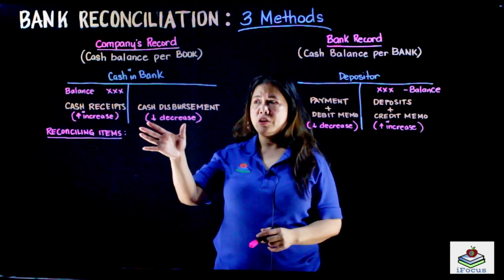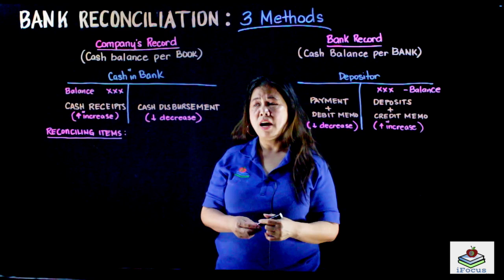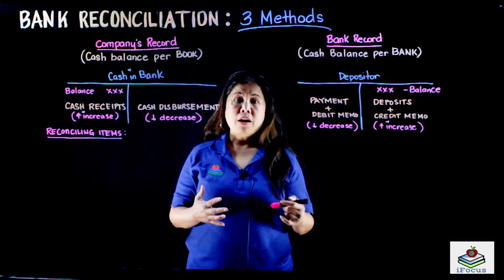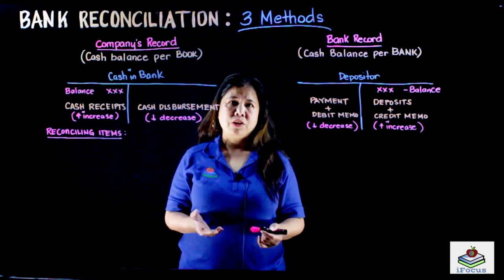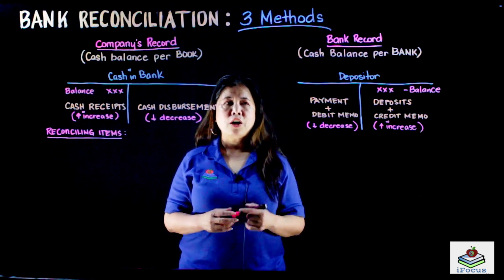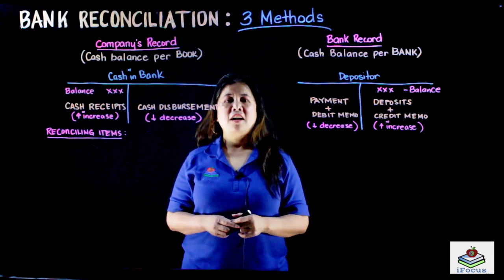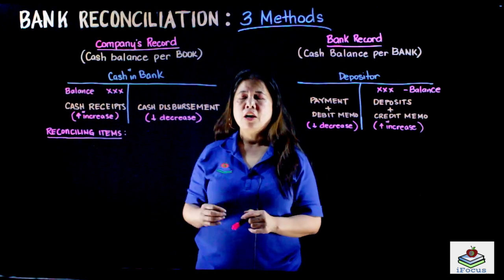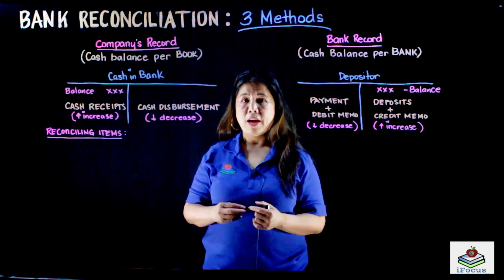Sa company's record, minimaintain natin ang account na cash in bank or simply yung name ng bangko. Let's say, for example, Metrobank or kung ano man ang pangalan ng bangko. We simply maintain the cash in bank. So, dito, gagamit tayo ng cash in bank.